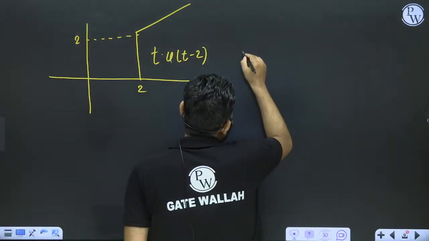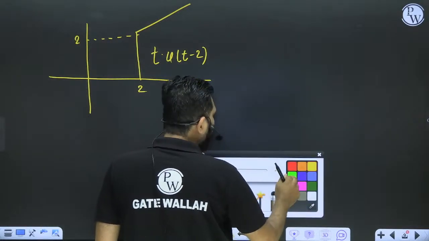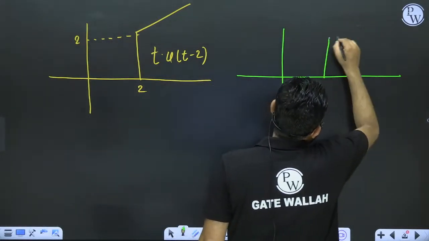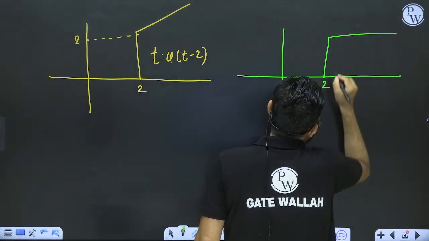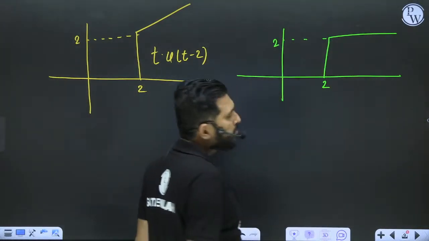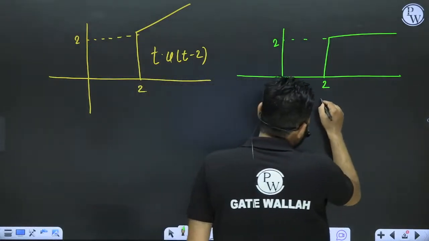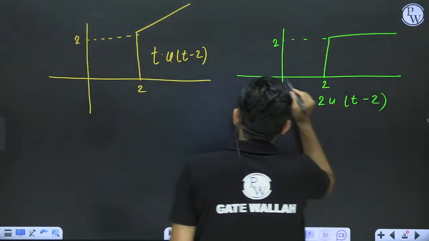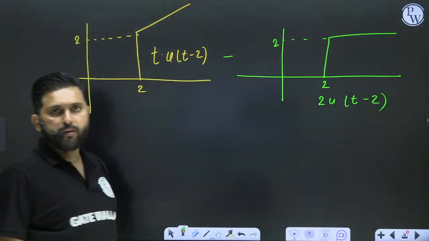If I subtract by a function which is 2 u(t minus 2), having a jump of 2, and when you subtract both these functions, what you will get?